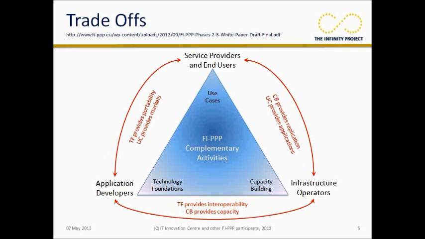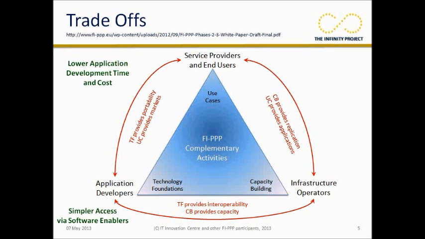If you look at the infrastructure with respect to the developers, what the FI-PPP is trying to do is provide interoperability, and the infrastructures provide the capacity to run things if you can make them interoperable. So these are the kinds of things you're looking for. And when we analyzed this, we found there are lots of places where the approach needs to be consistent, and often what you need is a diversity of consistent approaches.